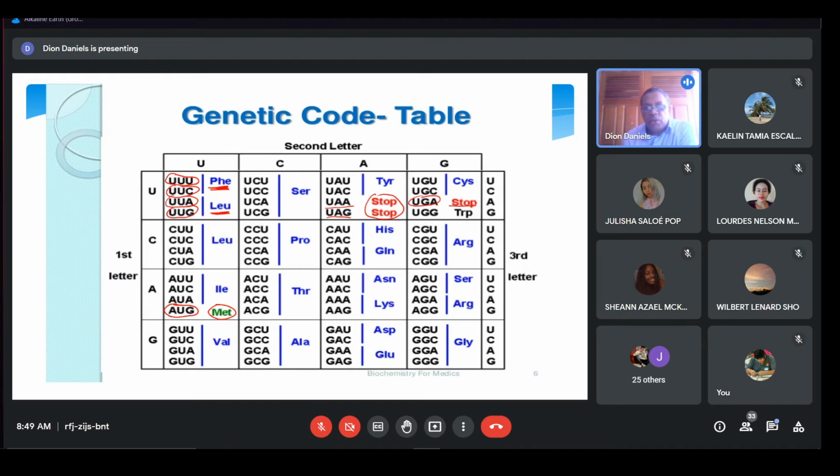These are usually the stop codons, so that would be at the end of the translation process. When we refer to the degeneracy of the code, you take, for example, at the bottom here, these four codes that code for the same amino acid, valine. That is what the degeneracy of the code means.